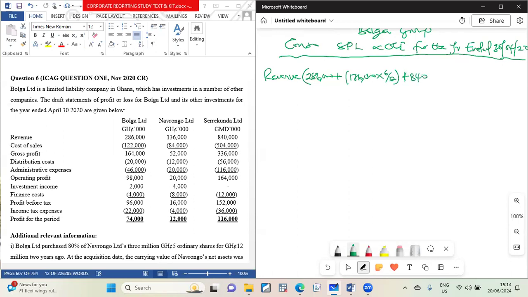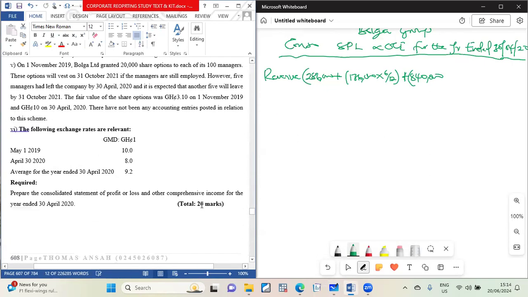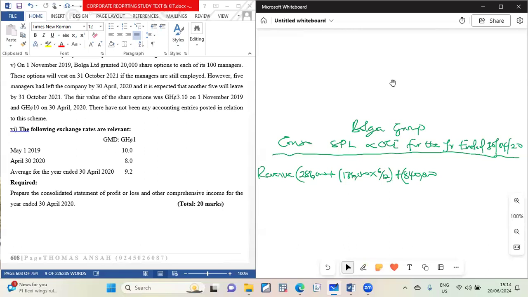Don't forget, we convert them. 840, we need to convert them. And what rate do we use to convert P&L items? Yes, average rate. So what is the average rate? The average rate here is 9.2. So let's do some simple if more, less divide. I like doing that because sometimes people don't understand how these things are done. It says that 9.2 GMD is equal to 1 Ghana cedi.